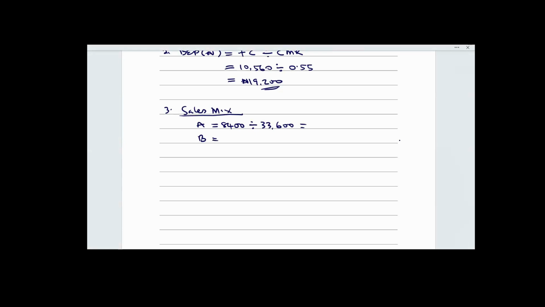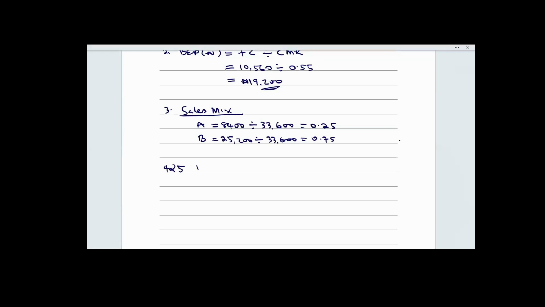Then the sales value of product B is 25,200 divided by 33,600. Therefore, what do you get? 0.25 and 0.75. That's 100%.